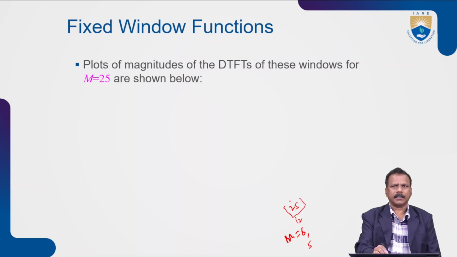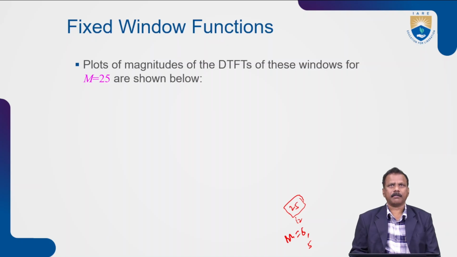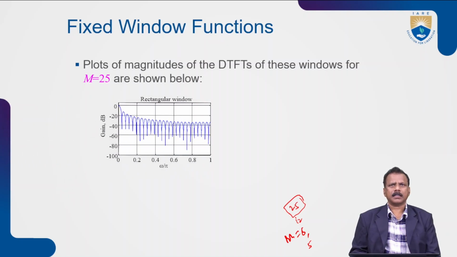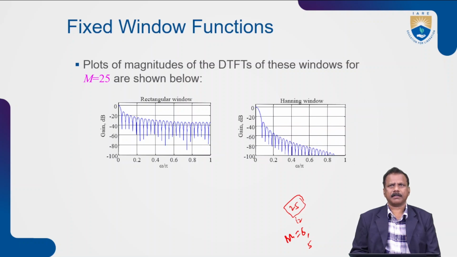Here M equal to 25 is shown. It is the rectangular window, with x-axis ω/π and y-axis the gain in decibels. So here it is the magnitude of this particular window. If M increases or decreases, see how it is reflected.